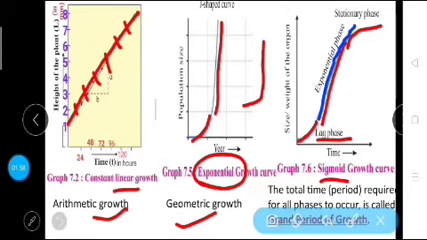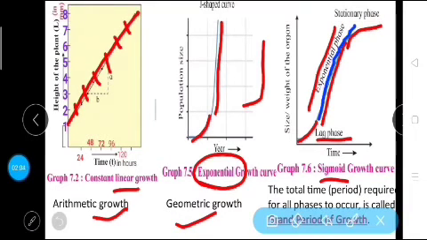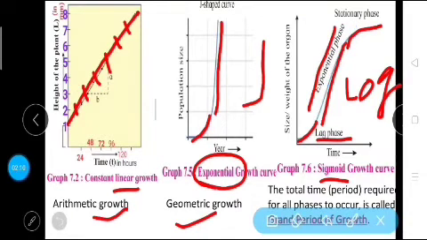So the phase where optimum growth is observed is called the exponential phase, or this phase is also known as log phase, and the decline phase is where the growth rate is very slow at a constant rate, or it goes on decline, so this phase is called the stationary phase.